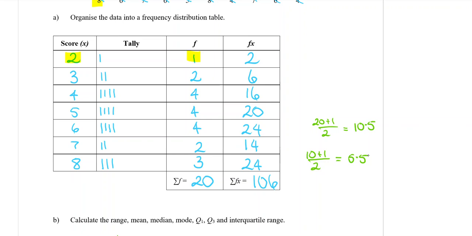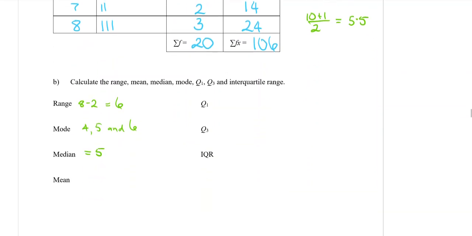The 10.5 means it's between the 10th and the 11th. So the 10.5 is not actually a score. It means there's 10 numbers below it. So you always round down. I'm looking for the 5th and the 6th. Counting down, 1, 2, 3, 4, 5 and 6 are both in here, which is a score of 4. That is the Q1.